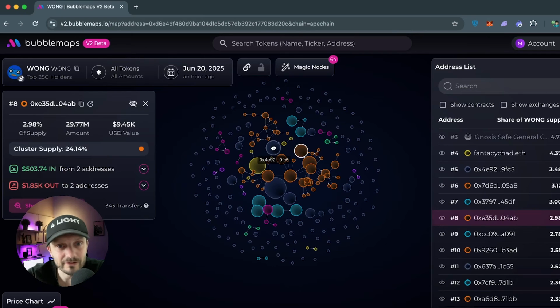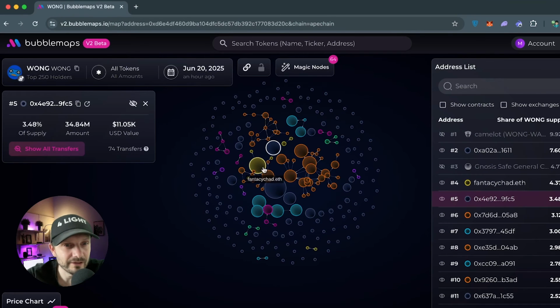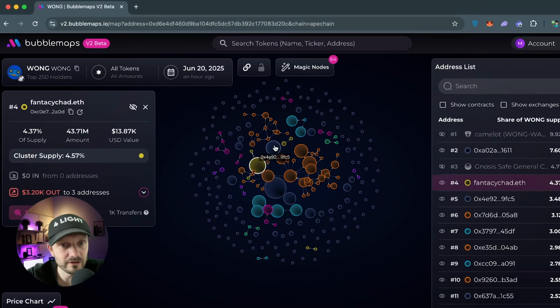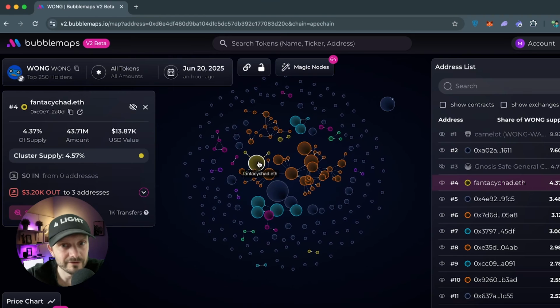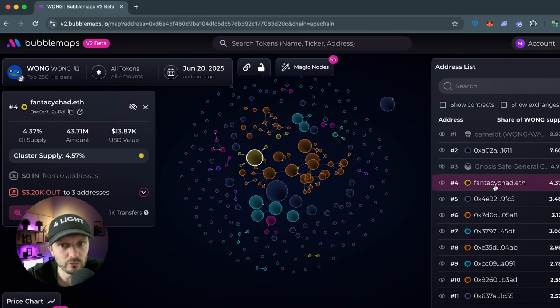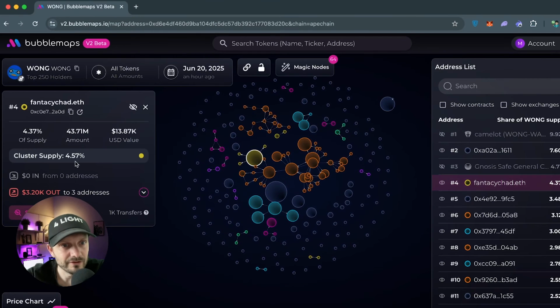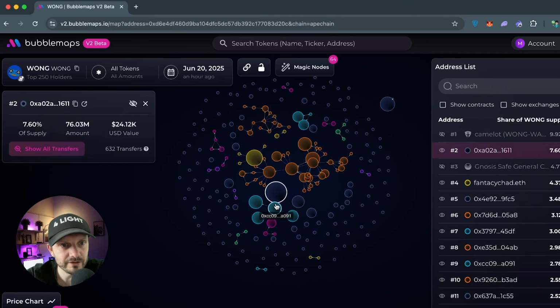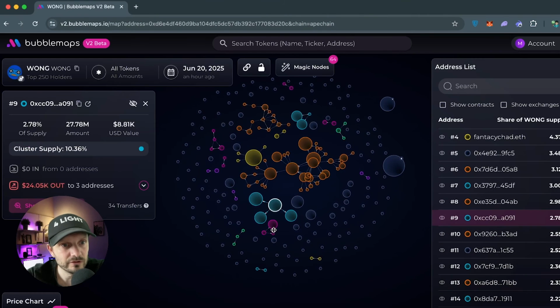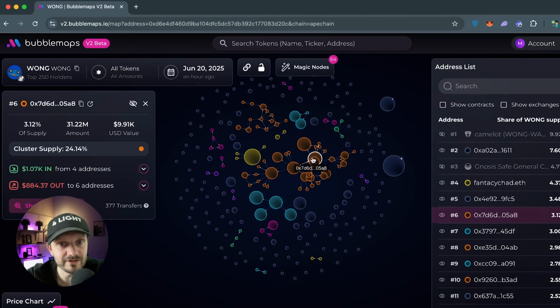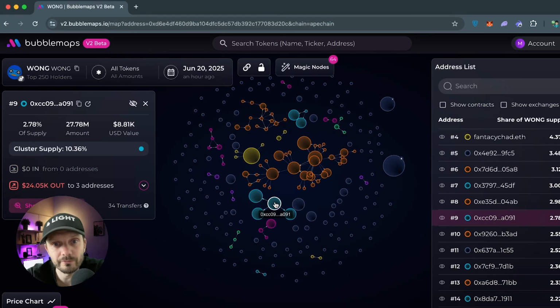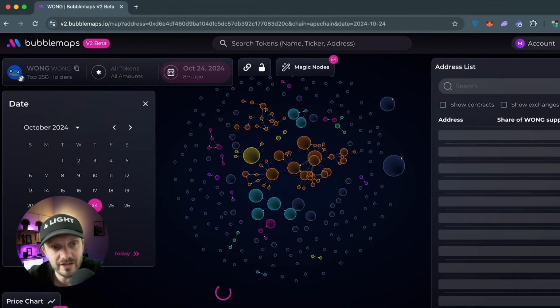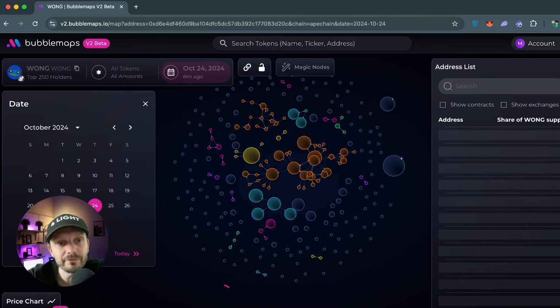Here is an 11K value, this alone. And here we can track even by names. Here 4% of total supply. Here's a loan, 10%. So imagine just 2 clusters hold over 30% of total emission. Definitely, guys, a red flag. And if we check the launch date, I think we'll see something interesting also.